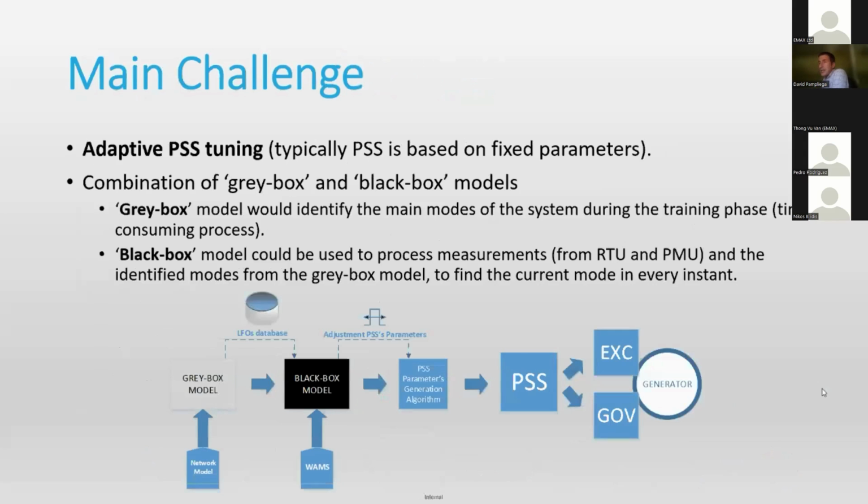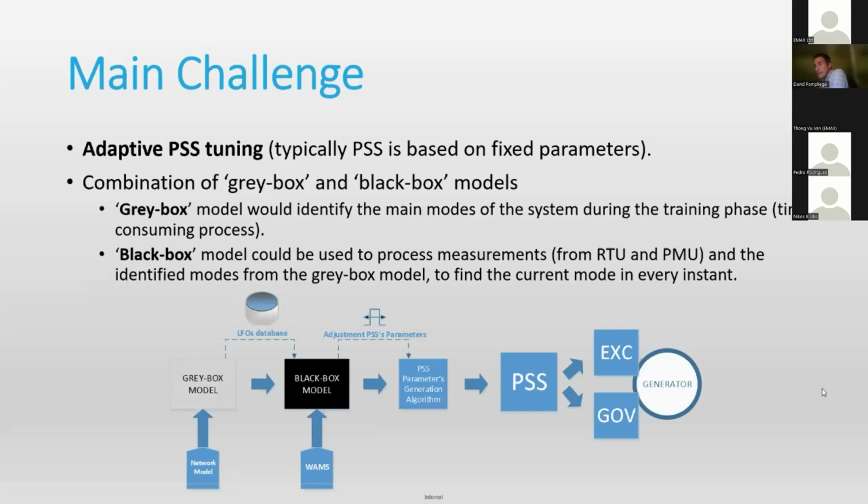So the main challenge that we are addressing is to achieve an adaptive PSS tuning. This is because normally PSS are based on fixed parameters that are not updated regularly.